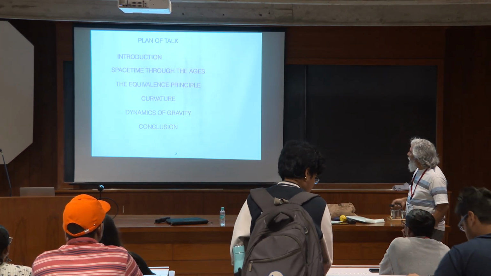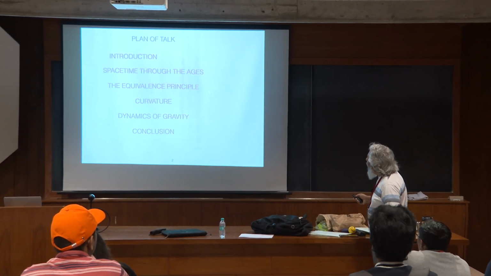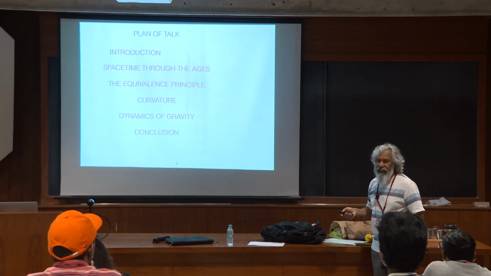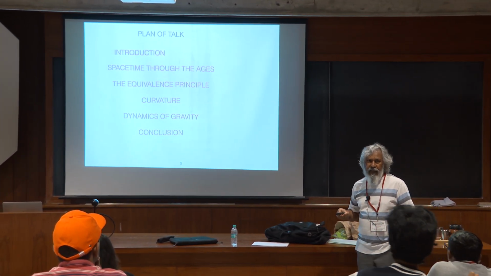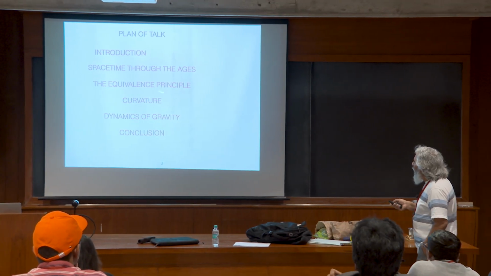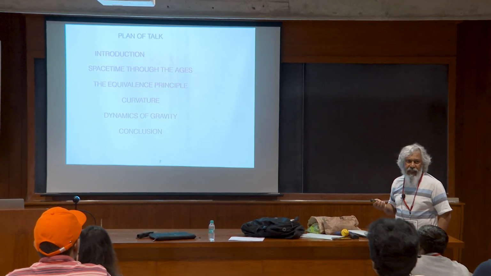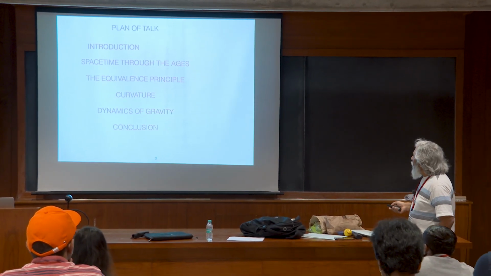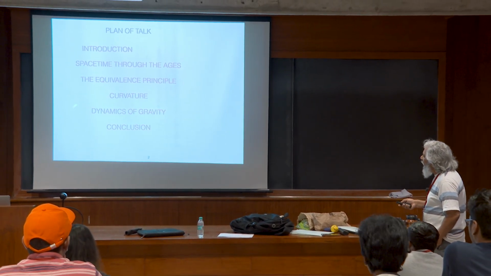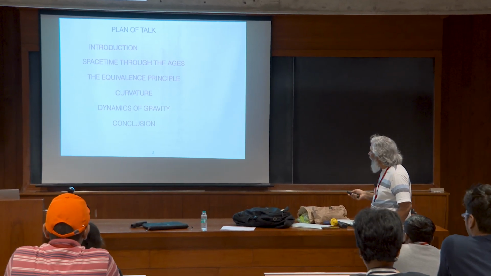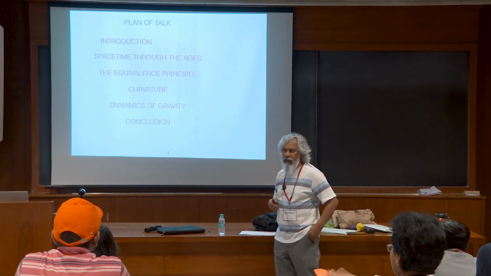It's called the equivalence principle. This basically maps the whole problem of physics into geometry. Yeah? And then we have to understand what geometry is and curvature is, and that's basically what Einstein's theory is all about. So finally, I'll just say a few words briefly about the dynamics of the gravitational field and conclude with a few general remarks.